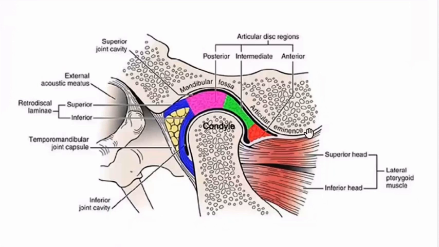We say it's displacement or dislocation, which makes it out of place. It moves mostly towards the posterior part, which results in very severe pain.